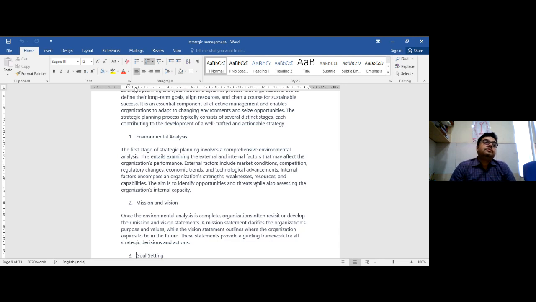Threats are non-controllable factors, and therefore one has to get rid of those threats, rather wait for those threats to become an opportunity before it can again lead to better organizational performance.